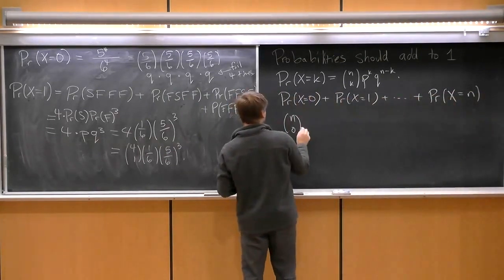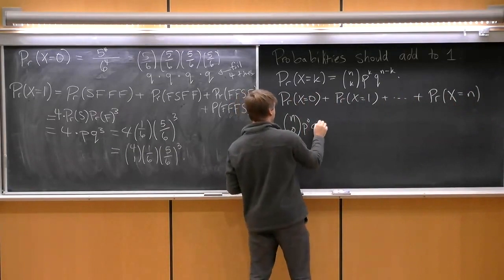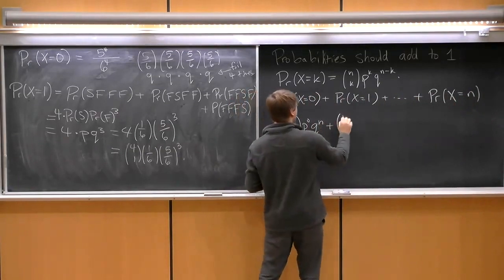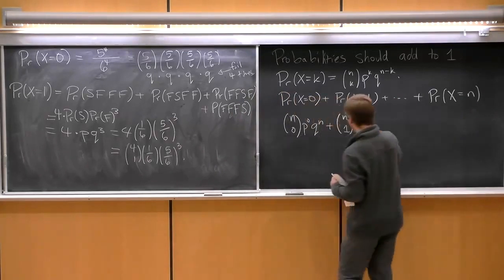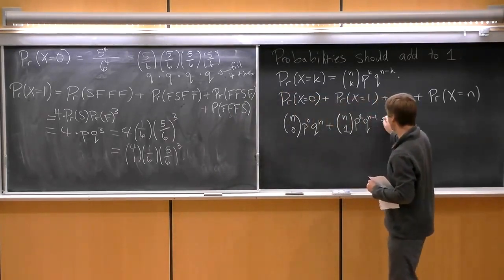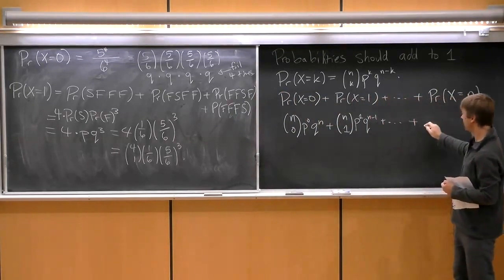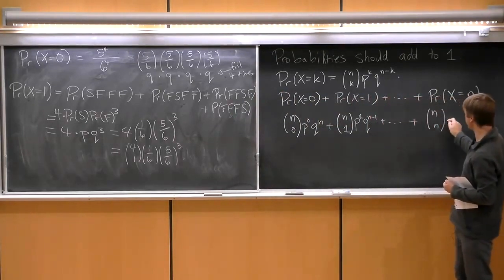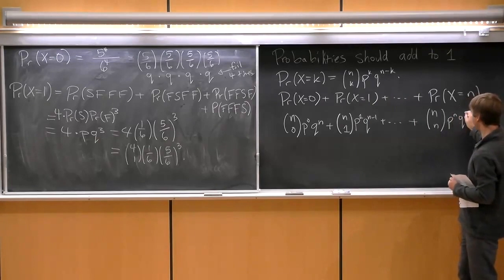What I get is n choose 0, p to the 0, q to the n, plus n choose 1, p to the 1, q to the n minus 1, plus dot, dot, dot, all the way up to n choose n, p to the n, q to the 0.